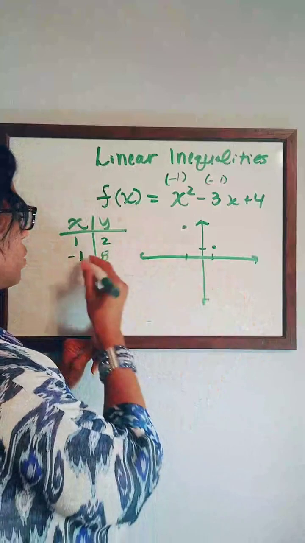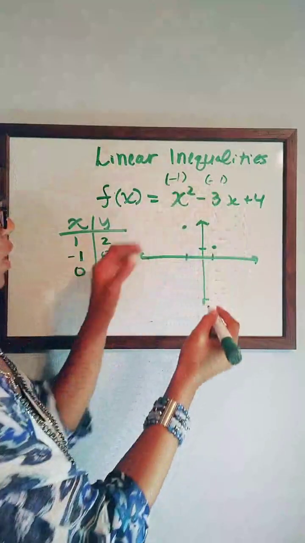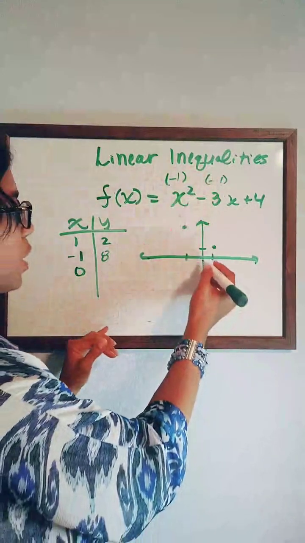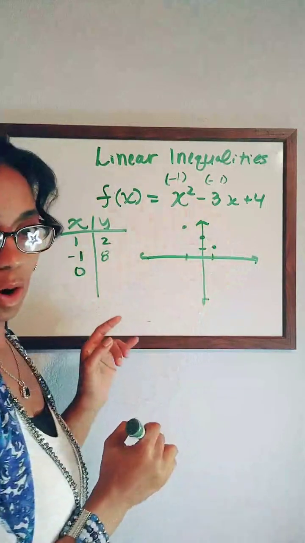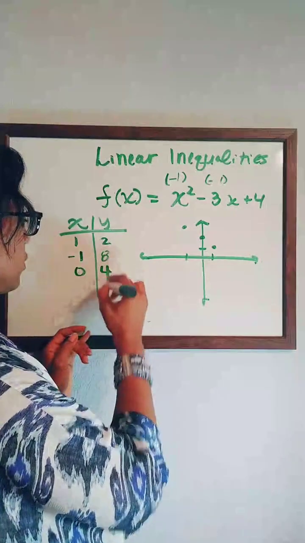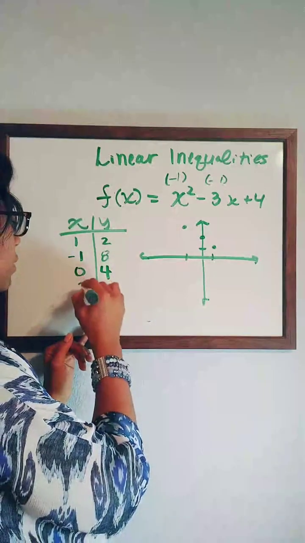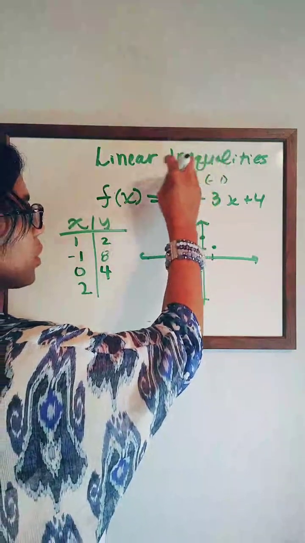So let's do 0. This goes away, this goes away. So whenever x is 0, y is 4. And we literally just keep going.